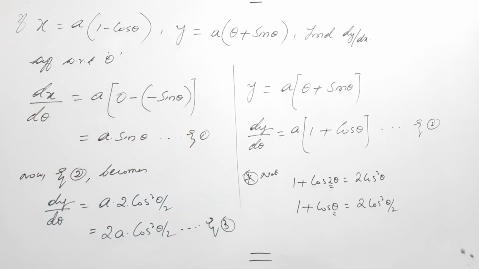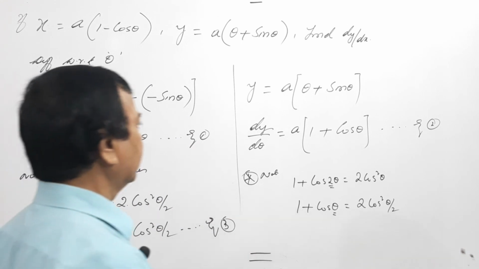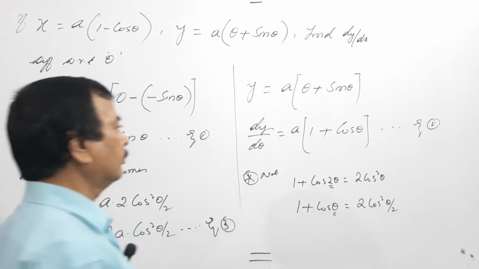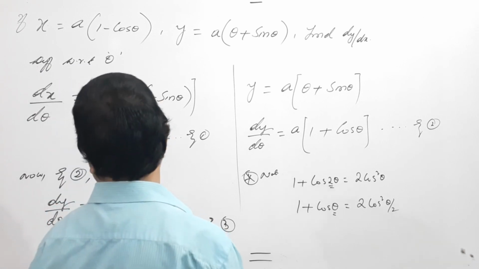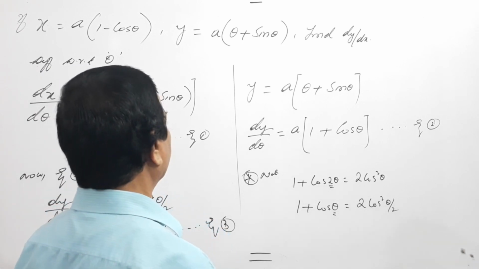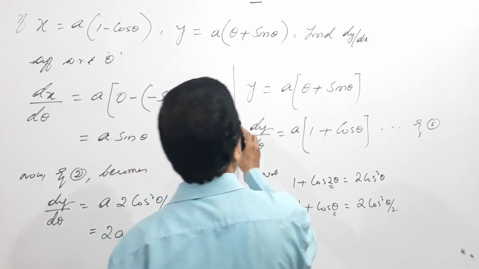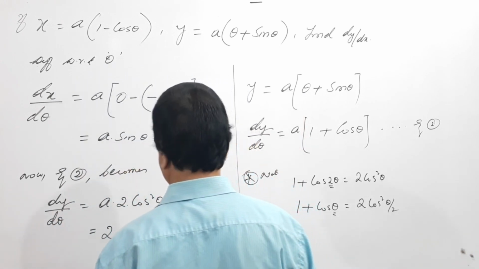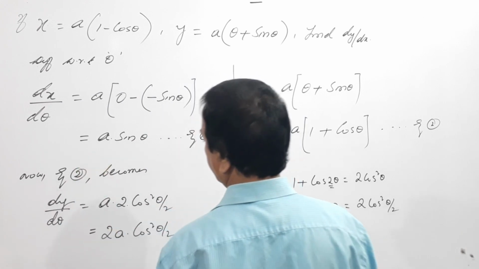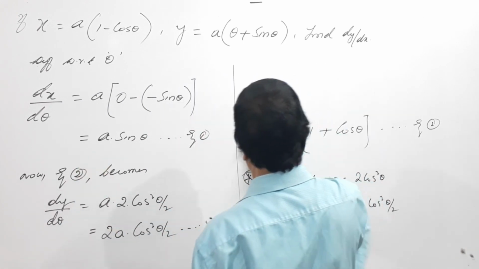Done. So we have to divide. What is dy by dx? dy by d theta, dy by dx we want. dy by dx is what? So we have got both here only. Okay, I rub this.